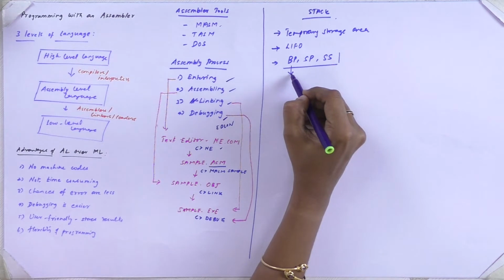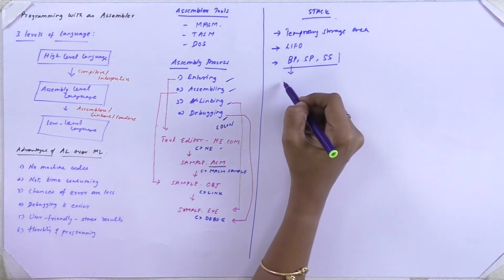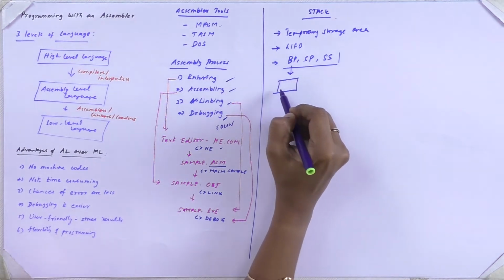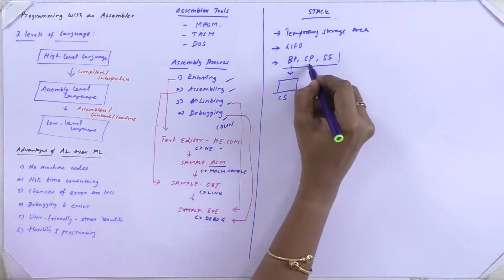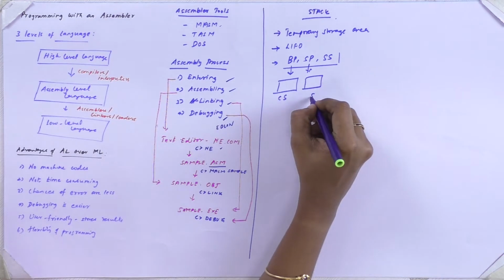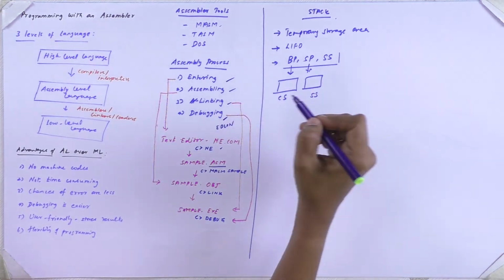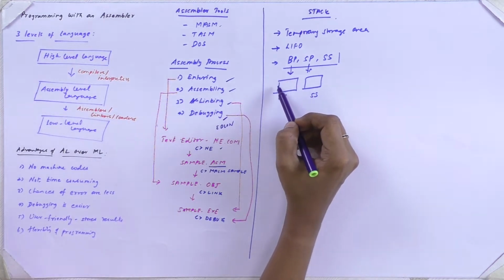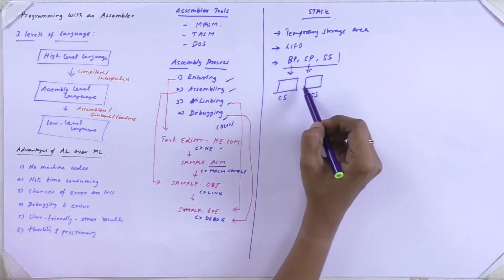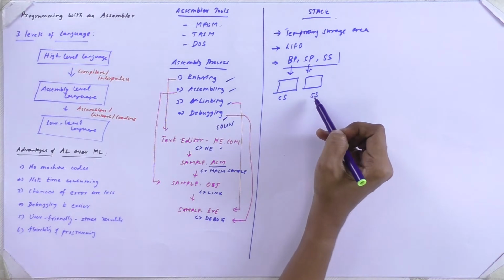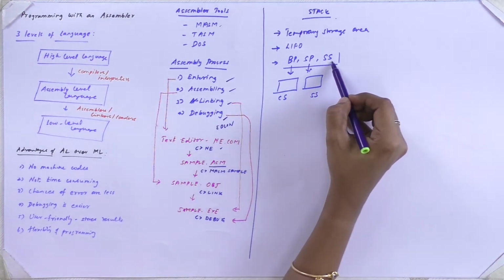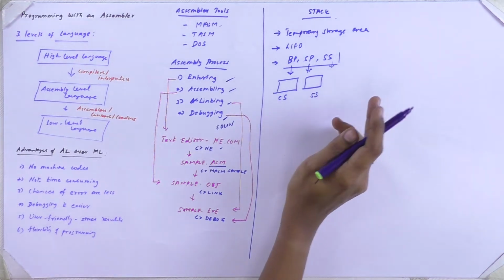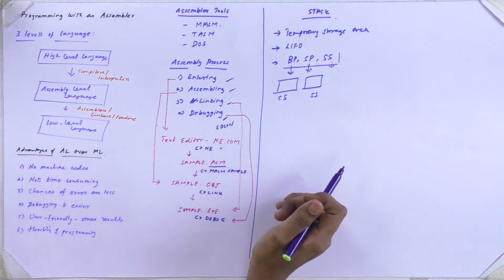The base pointer contains the offset within the code segment, and the stack pointer contains the offset within the stack segment. This is the segment where all the temporary storage actually happens. So this is the introduction to stack.